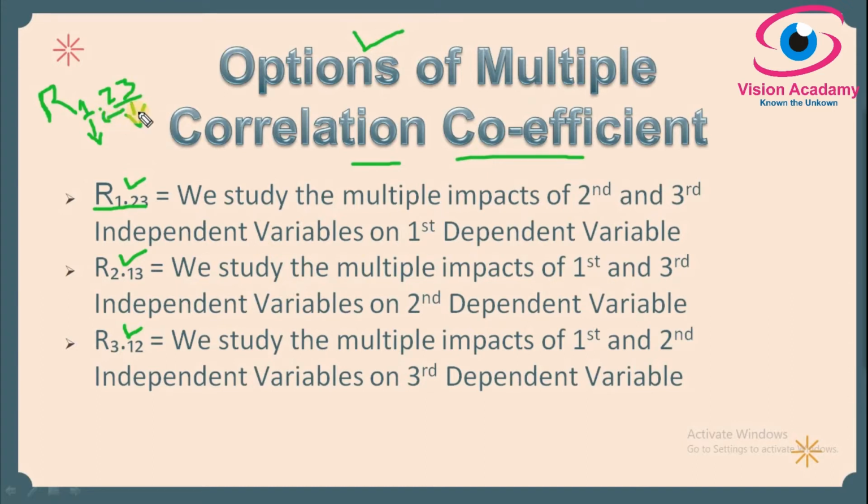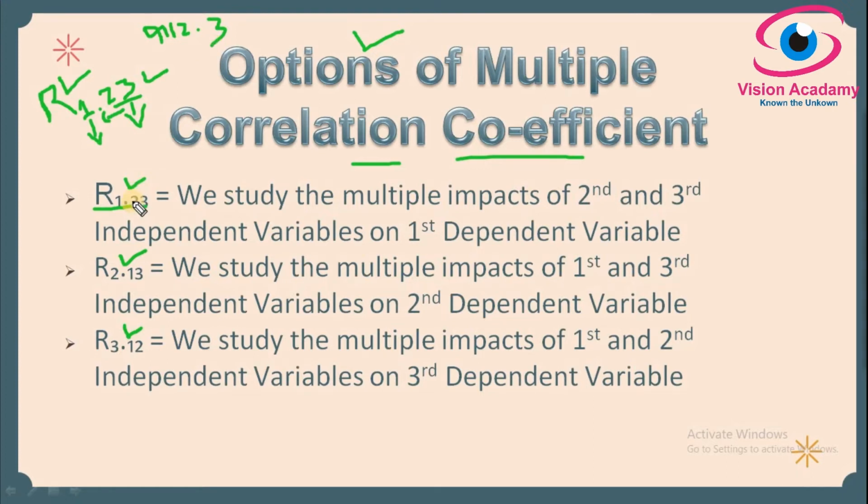This is a perfect example of multiple correlation, and again, it will be a capital R, with one dependent variable and two independent variables considered for the study. In partial correlation, it will be a small r, like r12.3. So you must be able to differentiate between multiple correlation and partial correlation.